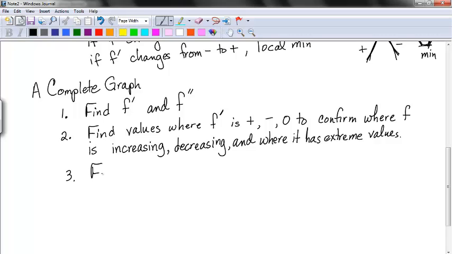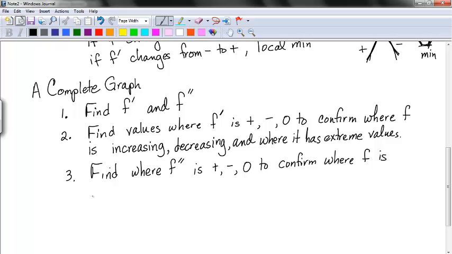Okay? And then we're going to look at the second derivative. Find where f double prime, the second derivative, is the same thing, positive, negative, and 0. And that's to confirm where f is concave up, and concave up is going to look like that.